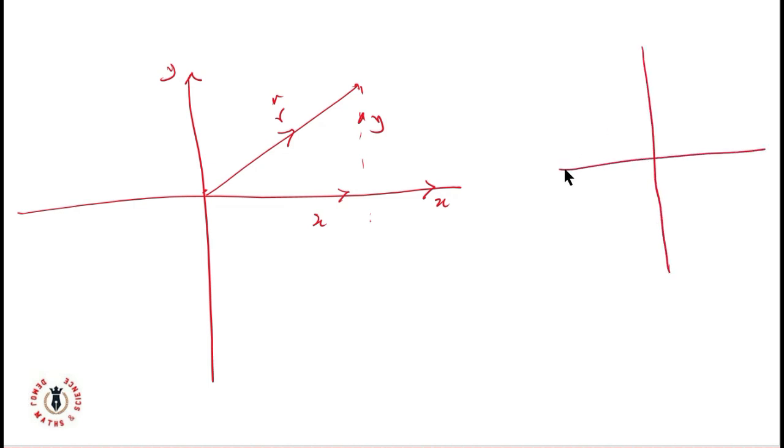In a three-dimensional plane, the vector will have three components: along the z-axis, along the y-axis, and also along the x-axis. In a two-dimensional plane, we have it as x and y, but when I have it in a three-dimensional plane, we have it as x, y, and z.